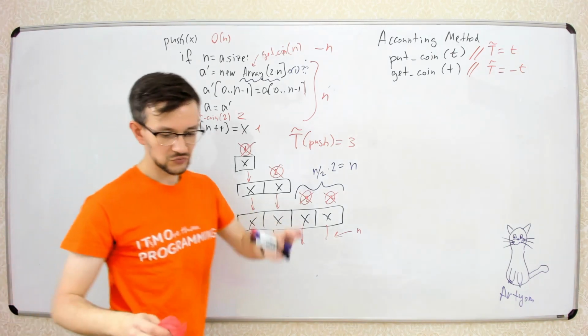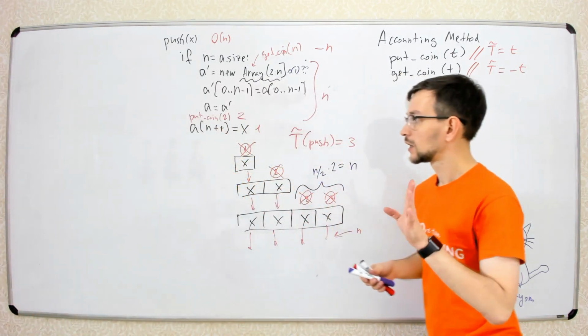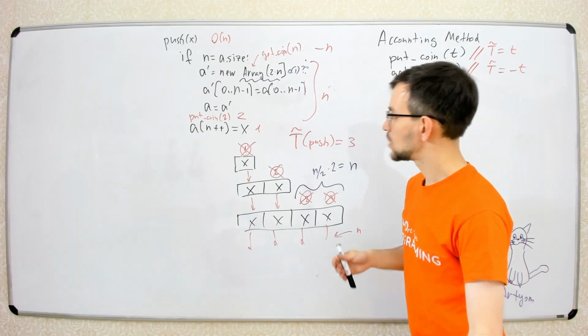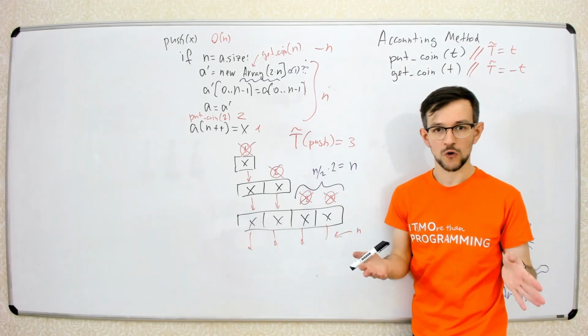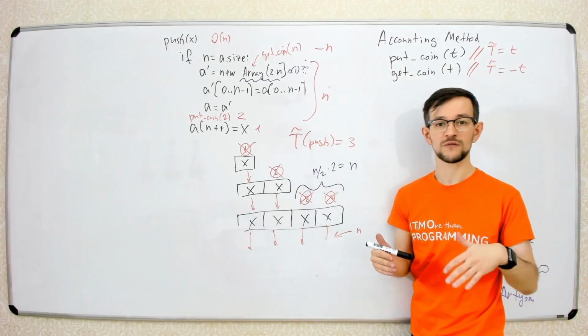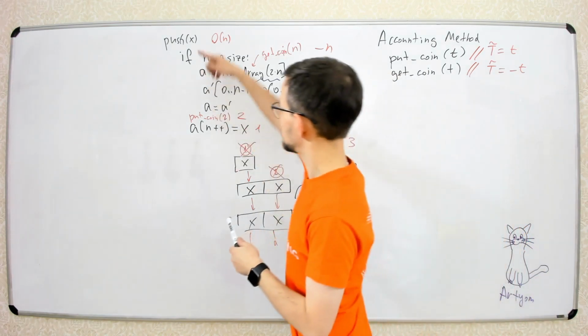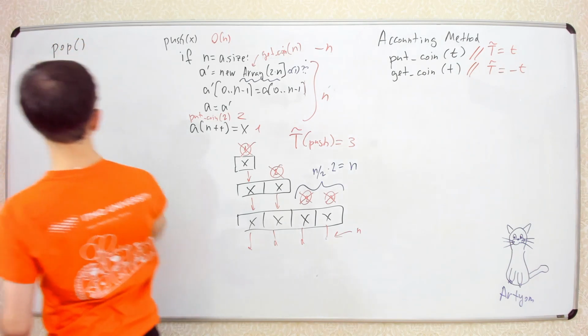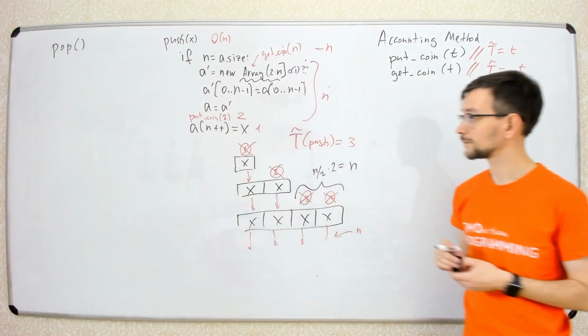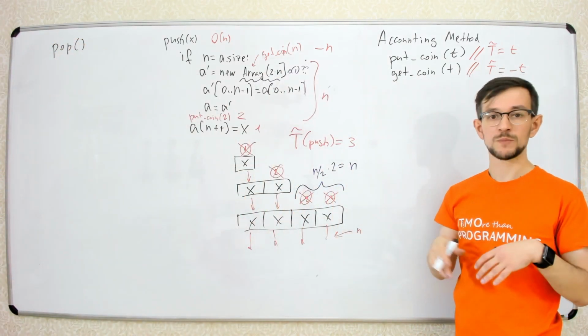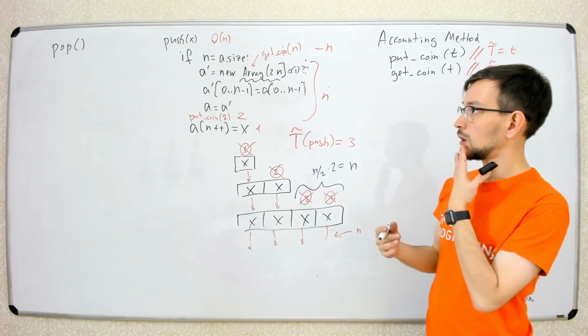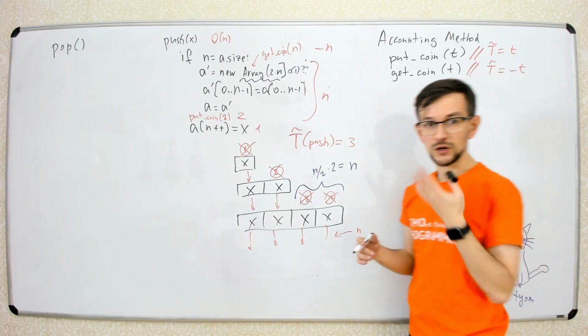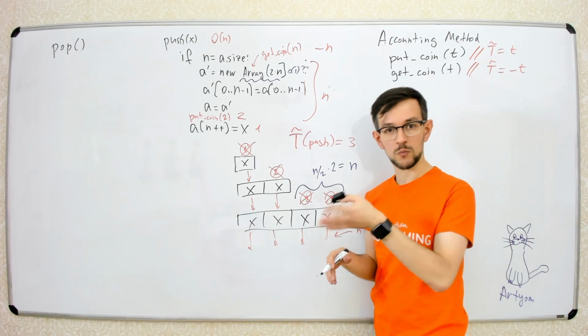Let's have some final words. First, we analyzed only the push function of the stack, but we also have the pop function. How can we implement the pop function? The first idea is you can implement the pop function like before.